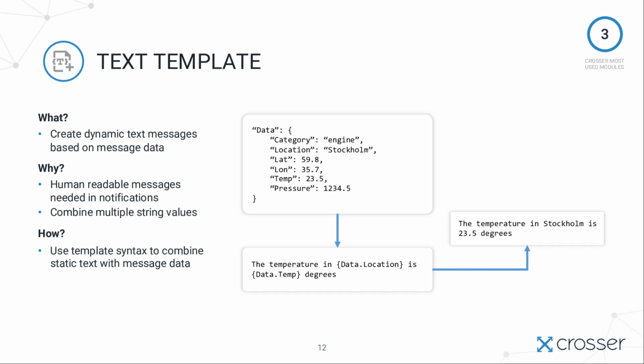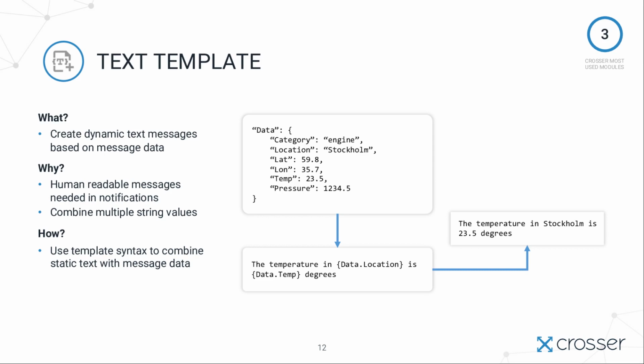So what you do here is that in the module, you create a message using a template syntax. So you can insert data from your flow messages into the text message, like you see in the example here. So we have some text where we insert two values from the message, and then we create a message like you see on the right-hand side. So this is one common use case for this module.